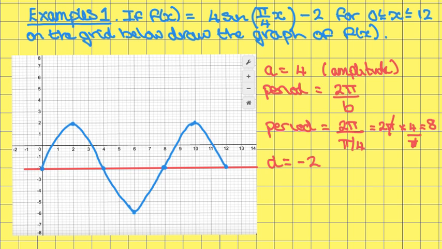And we can see that we do have a period of 8, because one maximum is at 2 and then another one at 10. We have an amplitude of 4, there is no phase shift, and the principal axis is at minus 2.